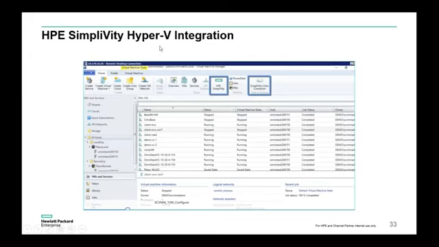So you can see here the SimpliVity Hyper-V integrations. You can see here the plugin for HPE SimpliVity, the plugin for the Citrix connector. Once you click on this, you will get the SimpliVity interface to manage the SimpliVity hardware and the software, the platform itself.